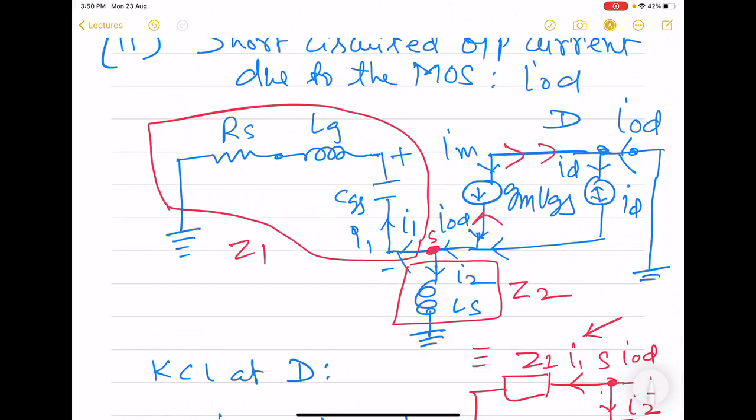So IM flows like this and merges with IOD to produce ID, and it then returns back into this dependent current source. So there is a current which circulates inside it, and that is why IOD is only half of this ID. Half of this ID actually circulates inside the MOS, and only the other half flows outward.